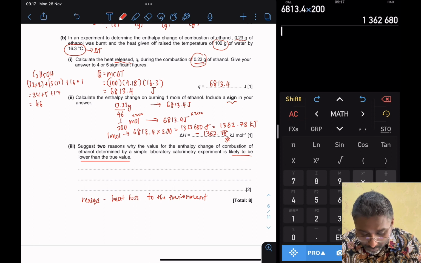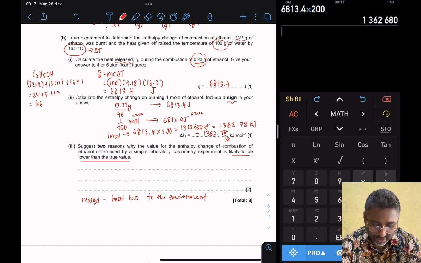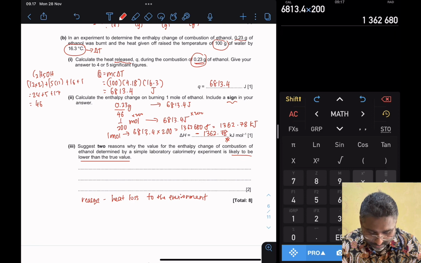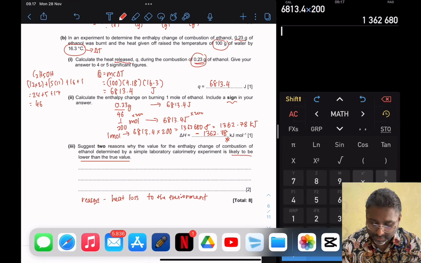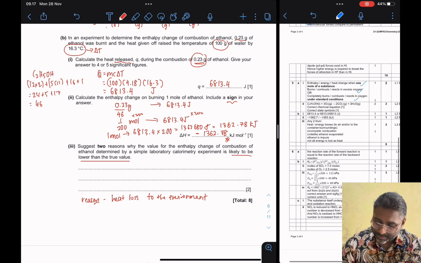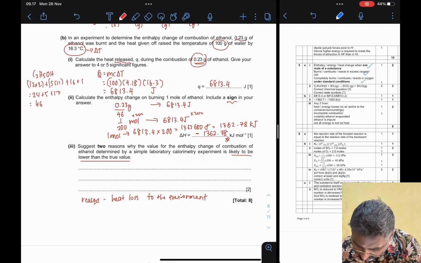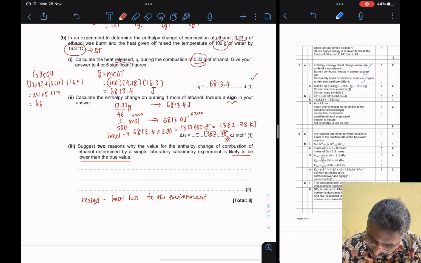Maybe the device that we use, like a thermometer, cannot measure accurately. So there may be a lot of reasons. Let's look at the reasons they mentioned in the marking key. Let's check the answer.